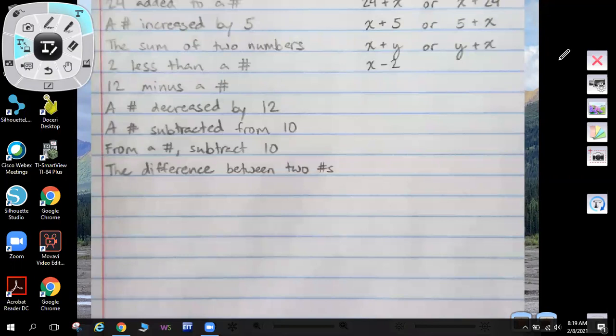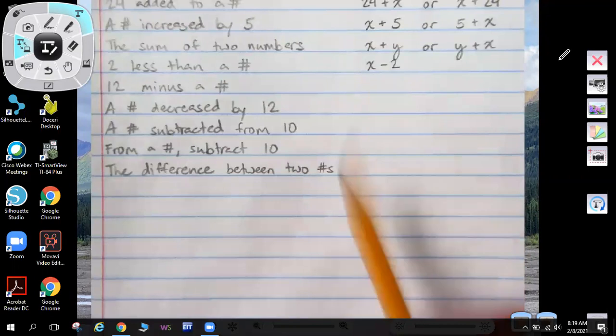Order didn't matter with addition because you can add numbers in whatever order and still get the same thing. With subtraction, it's different. 4 minus 2 is different than 2 minus 4. So be very careful with the order you write these in when it involves subtraction.